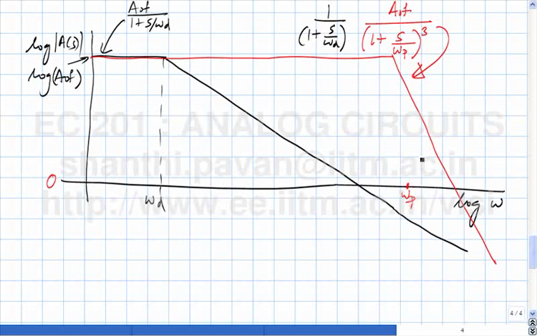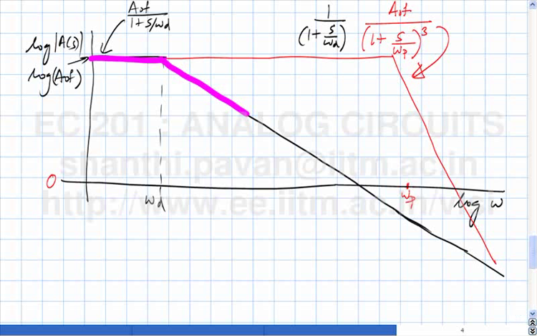So how will the combined plot look like? For frequencies much smaller than omega p, it will simply follow A naught F divided by 1 plus S by omega d. So the combined log plot will look something like this.